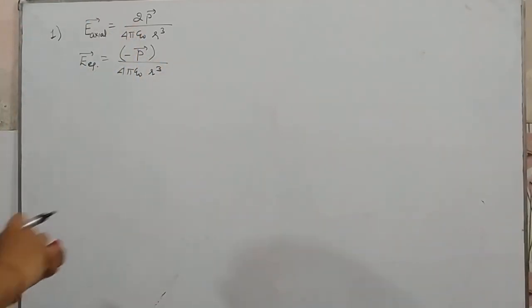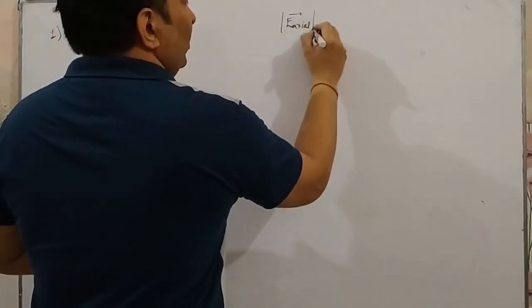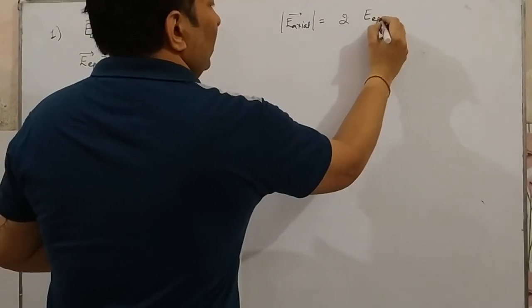First, the E axial magnitude is double that of E equatorial.